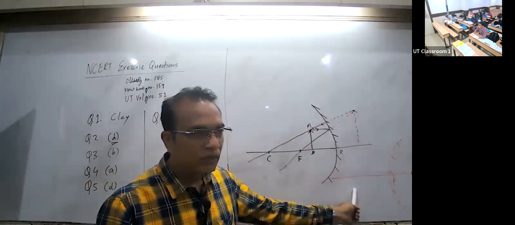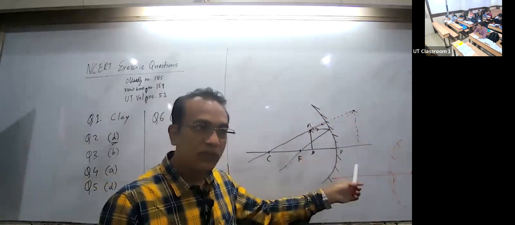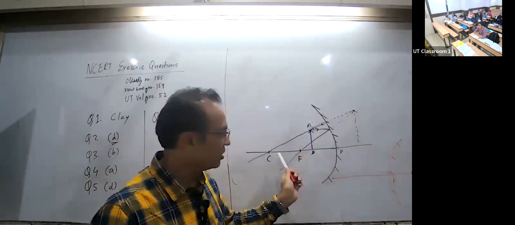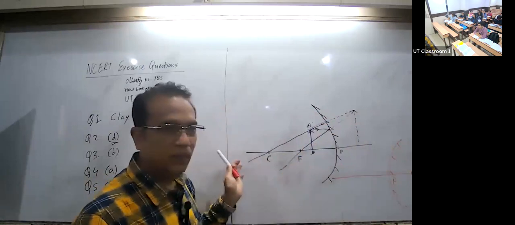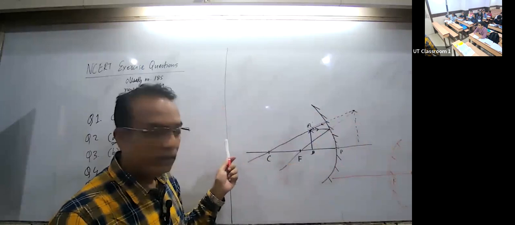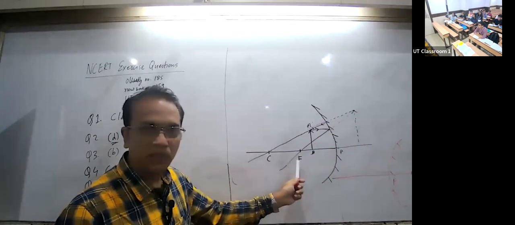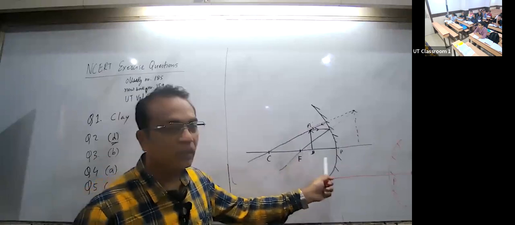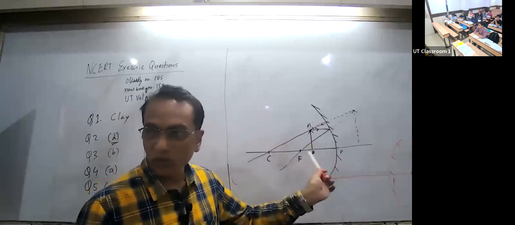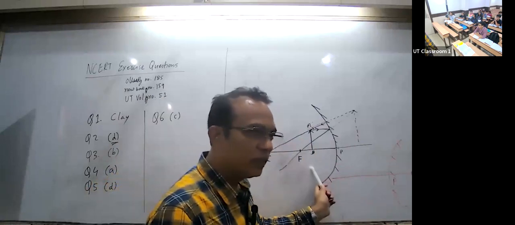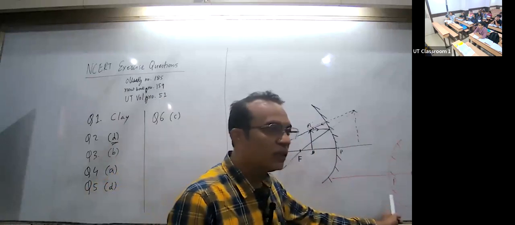Everyone got it? Look here, you have to get this right. For concave mirror, 6 object positions. All the 3 points are on this side. So infinity, beyond C, at C, between C and F, at F, between F and P. These are the 6 object positions for concave mirror. Convex has only 2. At infinity and between infinity and pole.